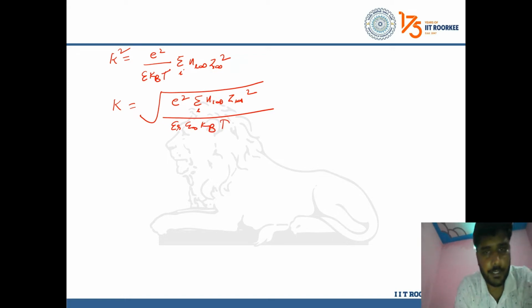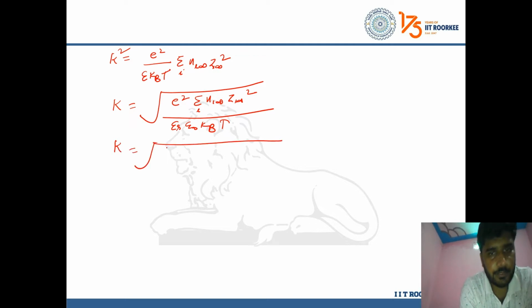And these are the standard values you are given: 1.6 10 raised to minus 19 squared, the charge term, I am putting it as such.